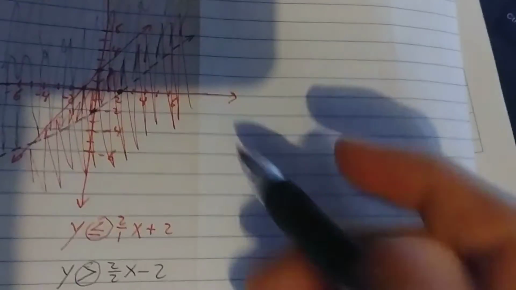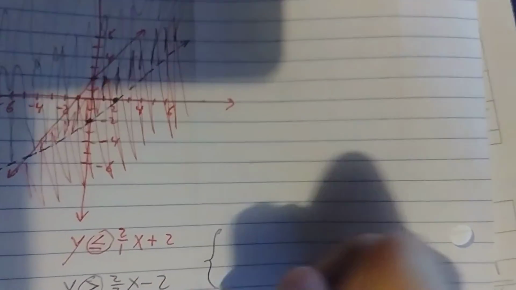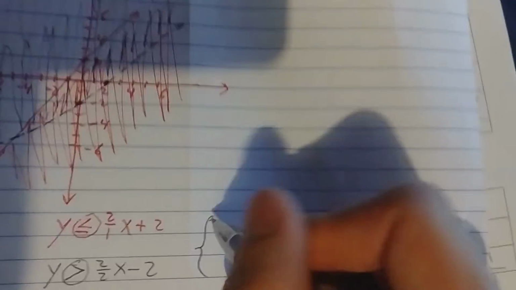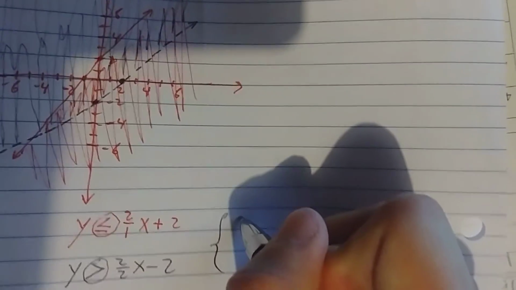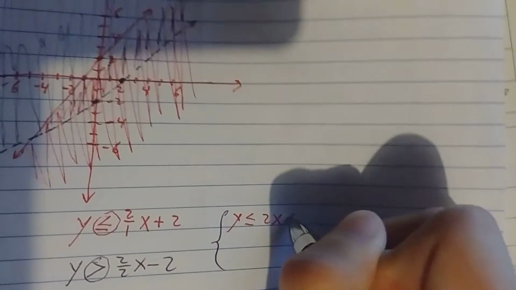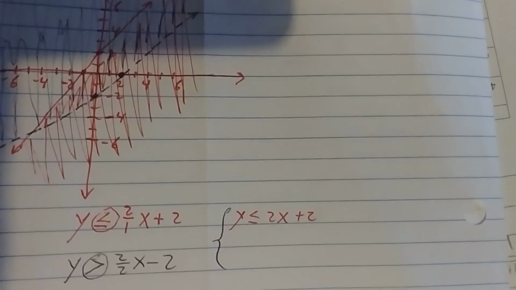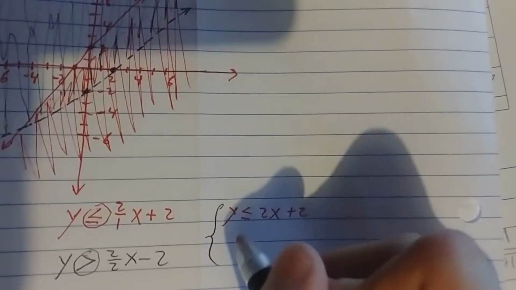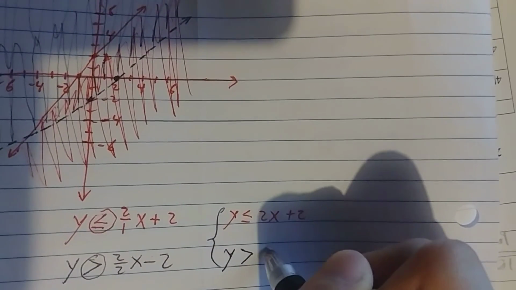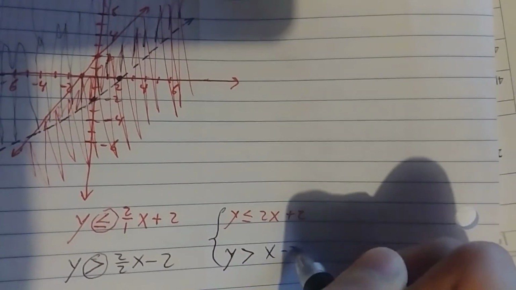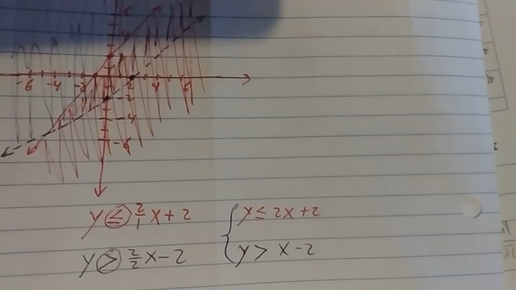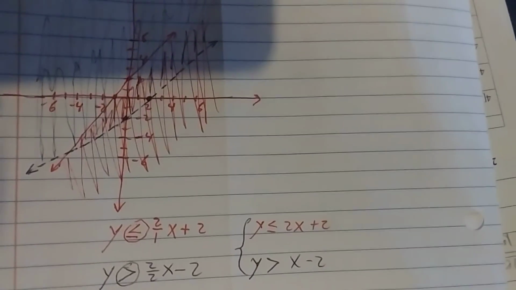If you want to simplify these, you're going to get the top equation to be y less than or equal to 2x plus 2, and the black one to be y greater than x minus 2. And that's it. These are my inequalities.